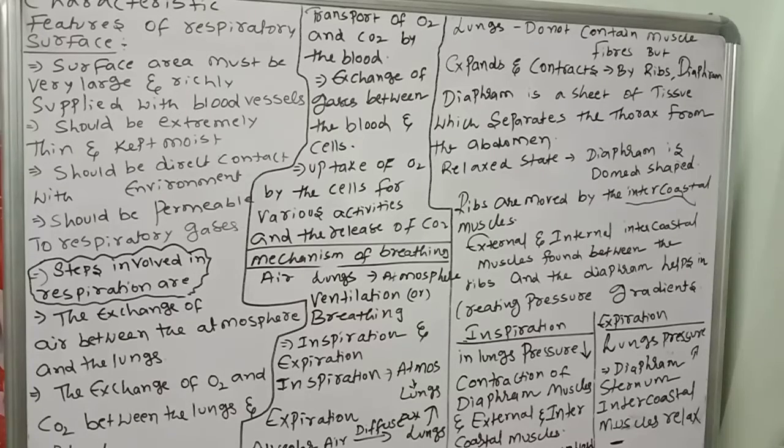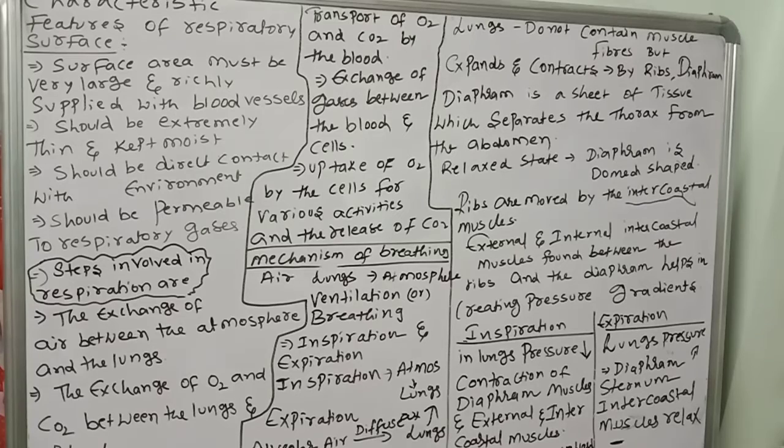The most important point to remember is that the external and internal intercostal muscles will contract at inspiration. The ribs also move in inspiration, and the thoracic cavity, or pulmonary cavity, increases in inspiration. The volume will increase and the pressure will decrease in inspiration.